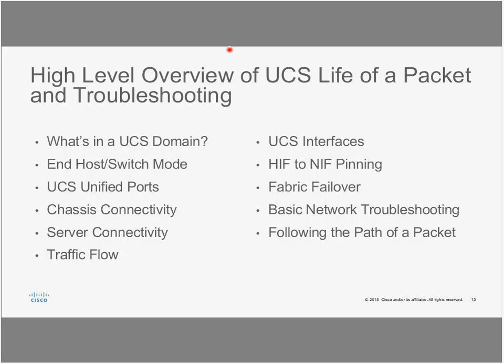Then we're going to paint a picture of what traffic flow looks like in the UCS domain. And then we're going to go into talking about UCS interfaces. What are they, and where do they connect to? We're going to take some time and discuss pinning and fabric failover. If we have some time, we're going to talk about some basic troubleshooting on the UCS domain. And then we're going to basically follow a packet, so trace a packet all the way from a server until it exits the fabric interconnect.